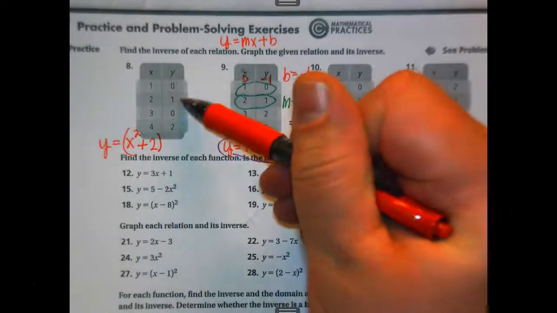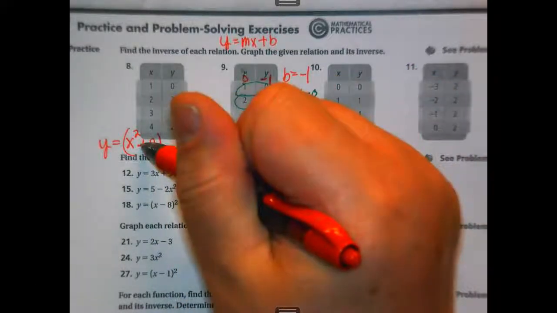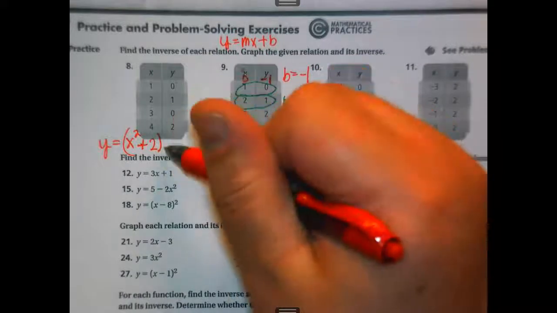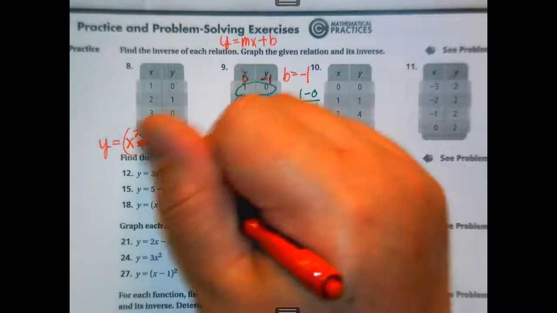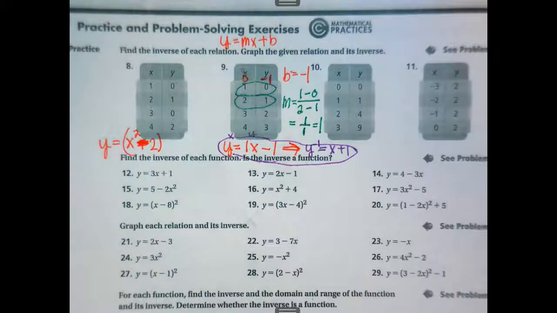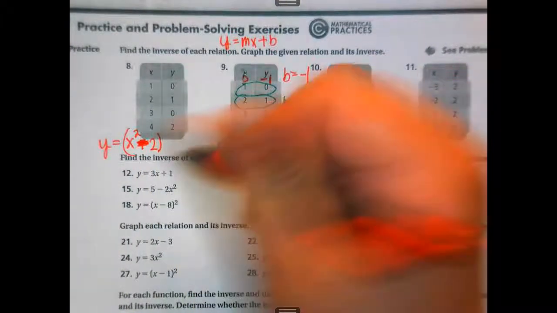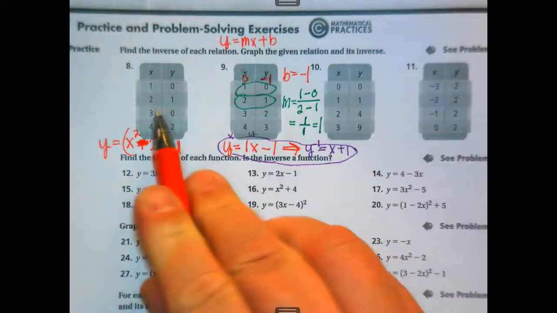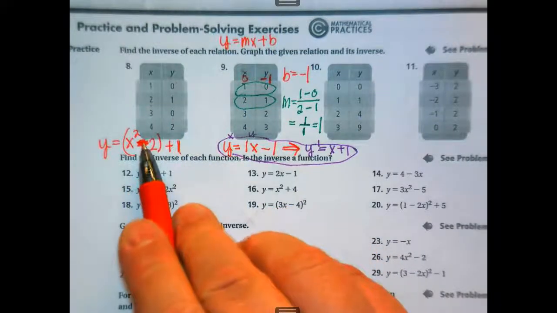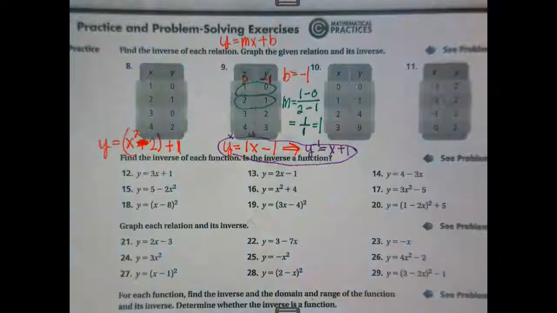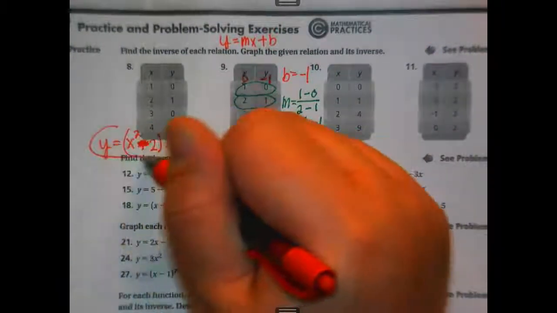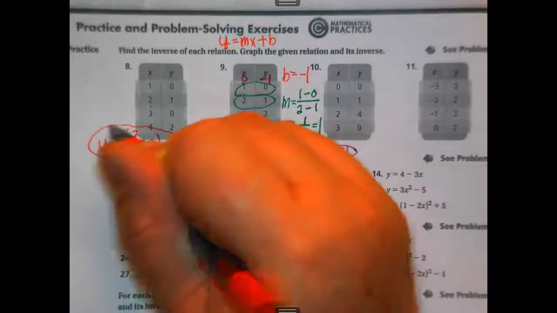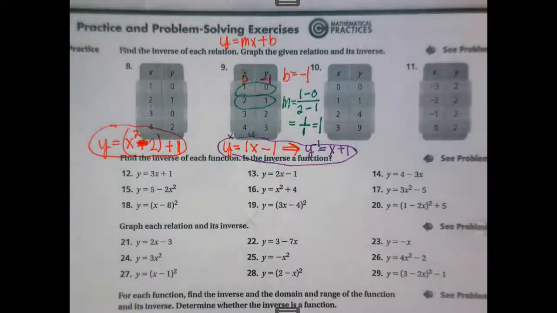I'm sorry, no, there should be a negative: -2. And then it goes up 1. If that's a positive inside, it has to be negative. So here's my original function. You have to come up with the inverse for number 8.